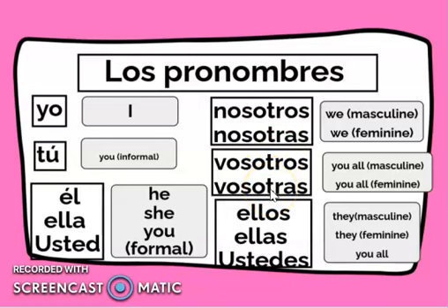This is another one. Now, you're not going to see vosotros y vosotras used in all Spanish-speaking countries. You're going to mostly see vosotros y vosotras used in Spain. There are forms of vosotros used in some parts of Central America and the Southern Cone, in Argentina, Uruguay, parts of Colombia too. They'll use vos.